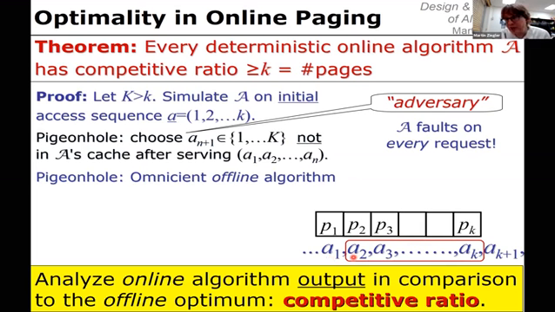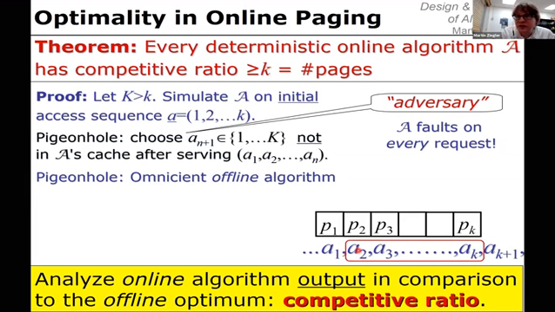into the future. It's psychic, right? And look at the next k-1 pages that will be accessed in the future. And the current cache contents is k pages, k different pages. The future holds k-1 pages. That means at least one of the k pages in the cache currently will not be accessed in the near future, will not be among the k-1 accesses coming up in the future series of access patterns.